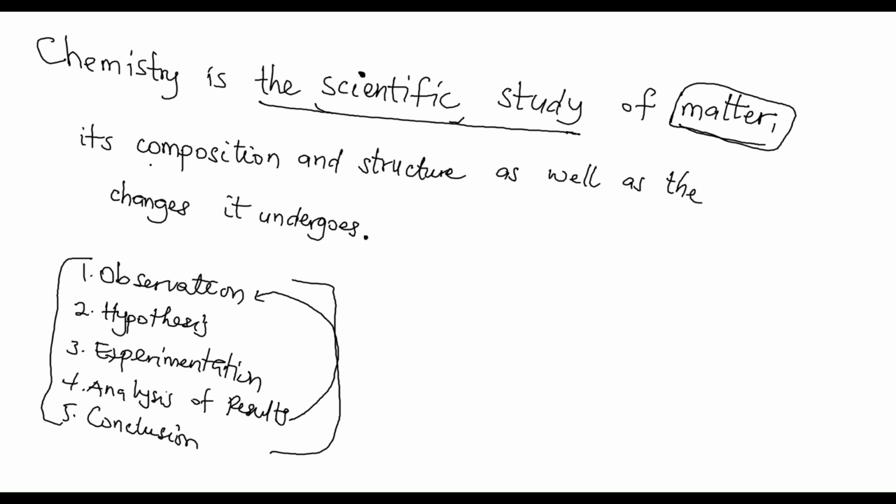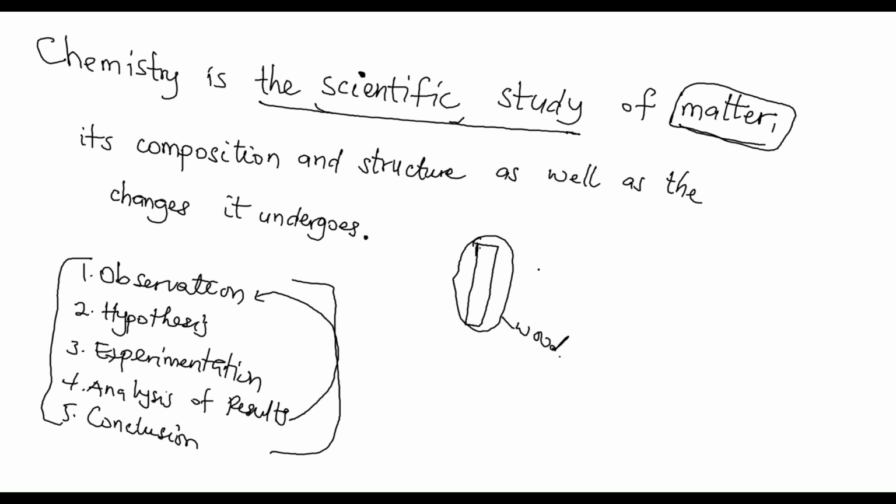So the matter, what is inside the matter. Assume you have a wood. So I'll just draw. Assume this is a wood. Chemistry is interested in this. A wood is an example of a matter. It can be metal or whatever. So chemistry is interested in, okay, this is wood as a matter.